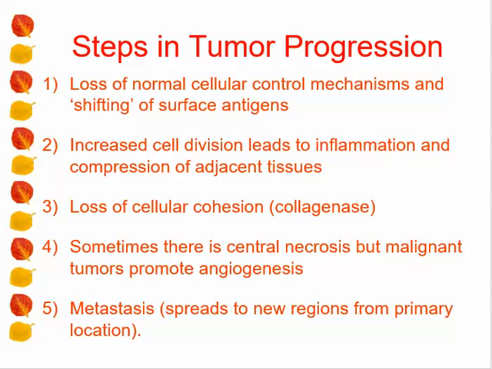If it's a malignant tumor, you'll probably get angiogenesis, and blood supply will go to the center of the tumor, and then it will continue to grow. And then metastasis is when it spreads to new regions from that primary location. That can become very dangerous, very difficult to treat once you get metastasis.